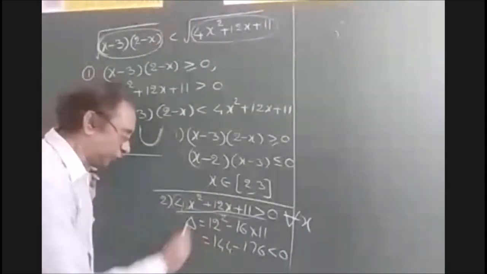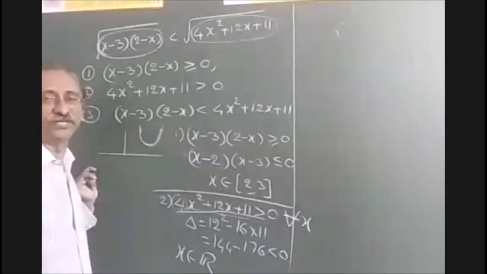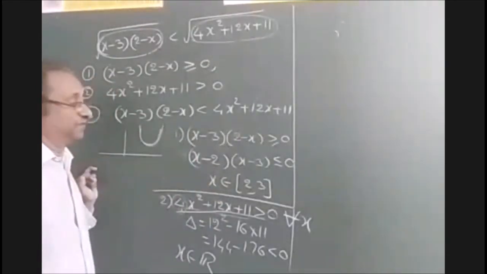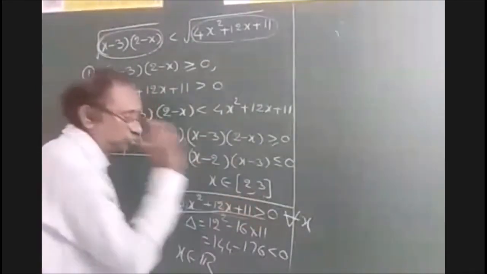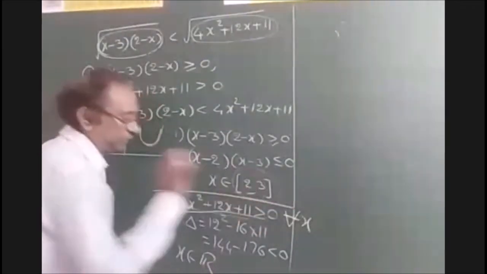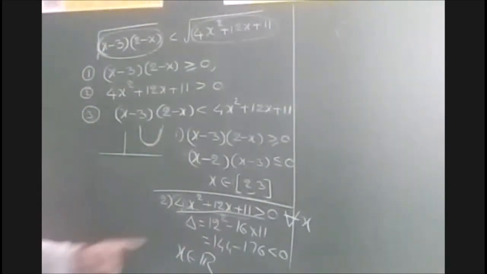Therefore, for this problem the domain is minus infinity to infinity, so every real number satisfies this inequality. For the first one, x belongs to 2, 3. For these two, the common one is the closed interval 2, 3. And there is another one, the third one, so we'll do that. Write this one.